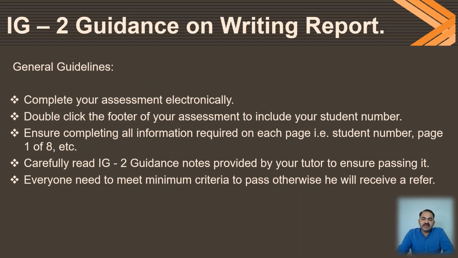So friends, at the end, there are some general guidelines to make your risk assessments, and I would suggest you complete your assessment electronically. You have both options. You can do it by a handwriting method also as per NEBOSH, but I would always suggest you to do it electronically, because you will not be facing any problem in the word count if you are doing it in a word format and electronically.